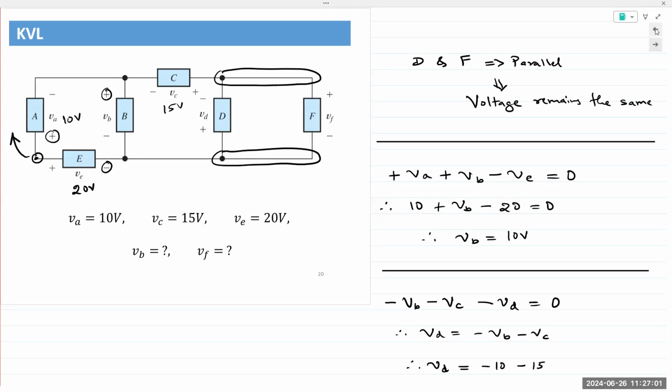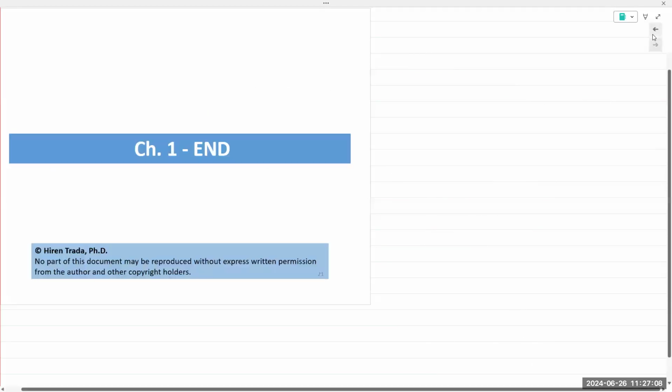Okay. All right, let's take a 10-second pause before I move on to chapter number 2. Any questions about chapter 1? About anything we have learned so far?